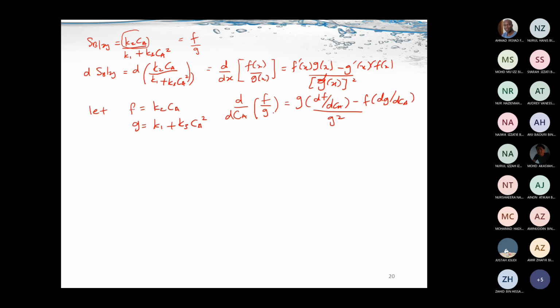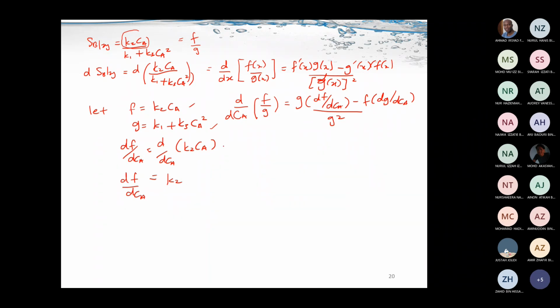Okay, from here, we already have G and F, which is this one. But you don't have DF over DCA and DG over DCA. That means you have to split DF over DCA, differentiating this one. You differentiate K2CA, so differentiating in terms of CA, what remains is K2. So DF over DCA is equal to K2. CA is gone, when you differentiate it disappears.